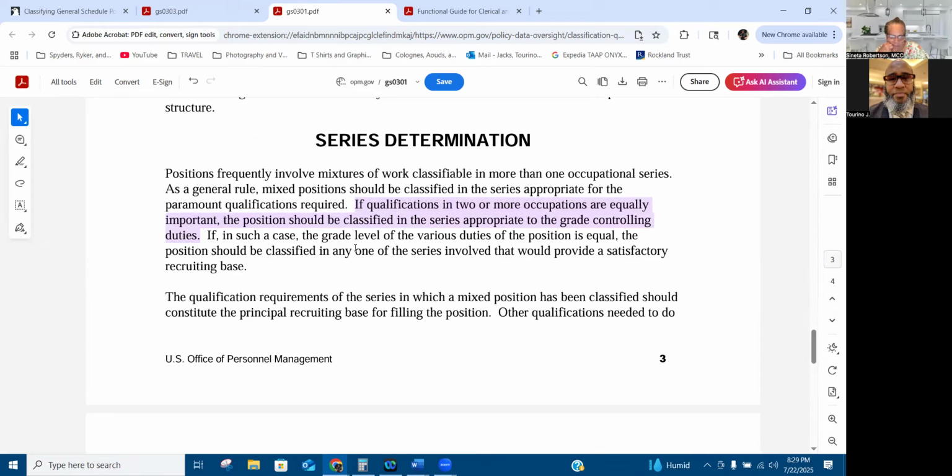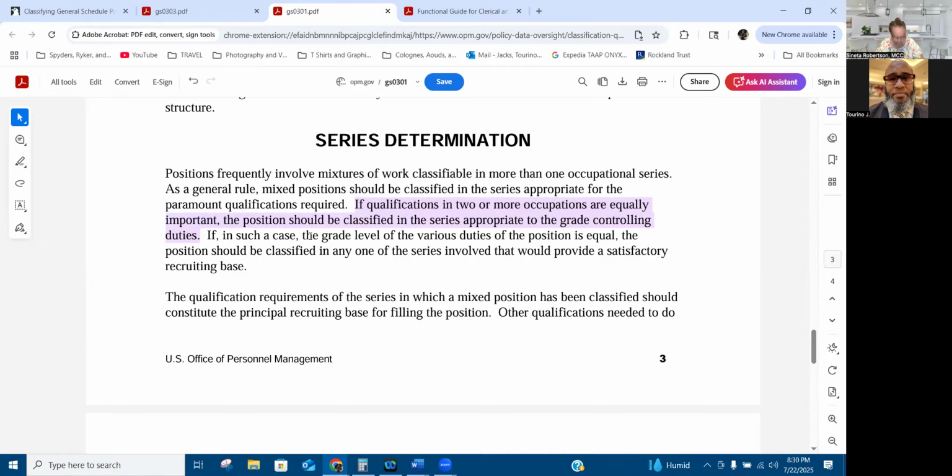In such case, if the grade level of various duties of the position is equal, the position should be classified in any of the series involved that would provide a satisfactory recruiting base. So if they're both grade 9 level work, whichever one I think is the most appropriate is what I choose. For recruitment purposes, yes.